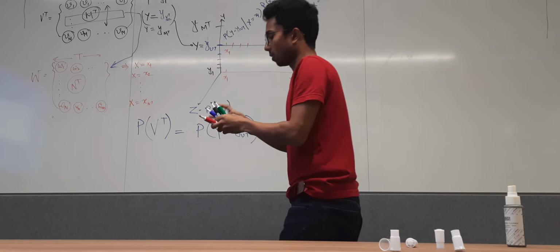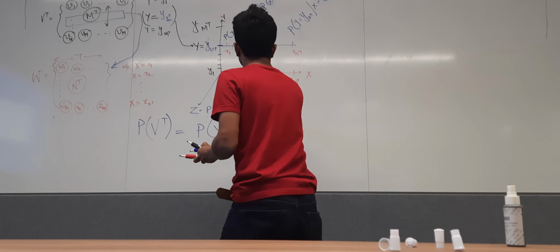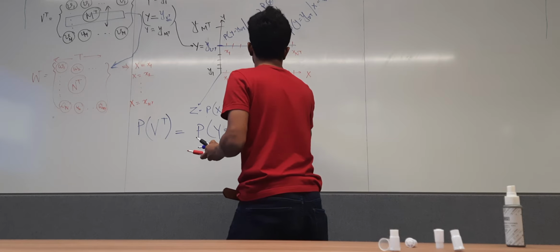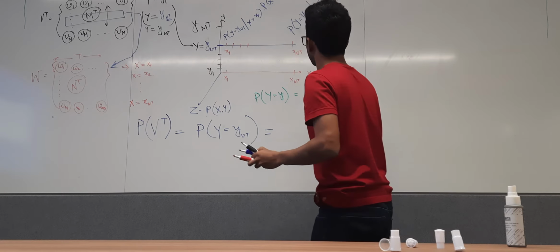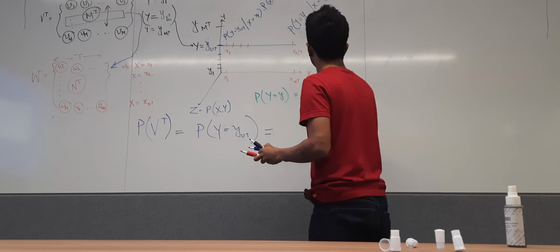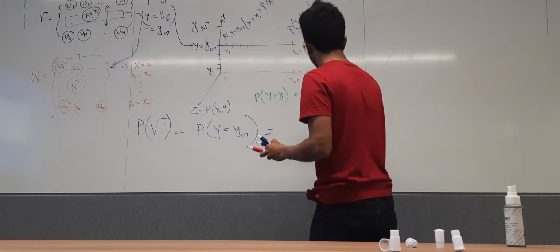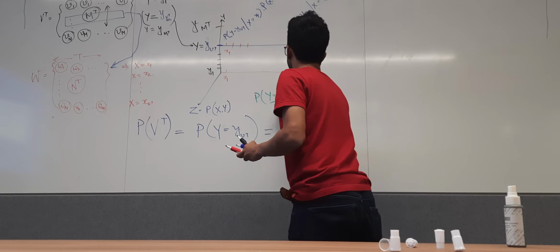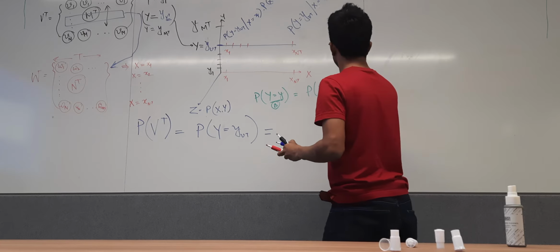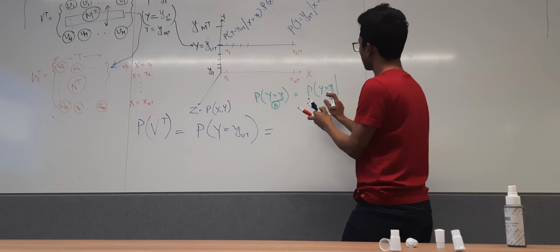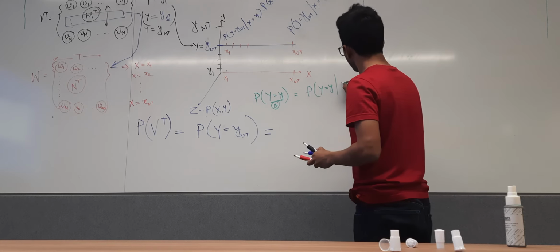How can I write the total law of probability here? I can write p of y equals y as p of y equals y, that is an event. I can think of it as event b, the probability of that event given another event.